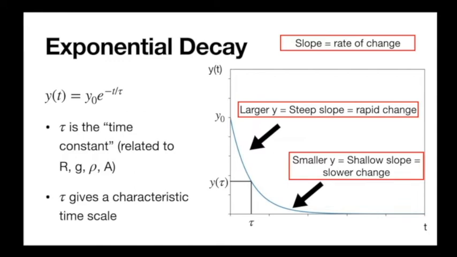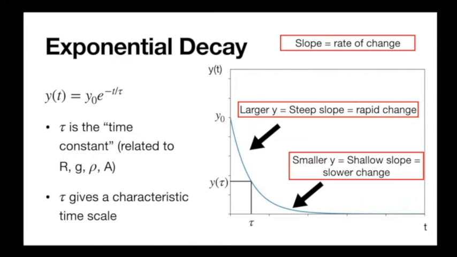When you hear rate of change and you look at a graph, what thing about that graph is the rate of change? It's the slope, right? At early times, close to our starting point, we have a very steep slope. A small amount of time causes a large change, a lot of decay. And then over time, that gets shallower and shallower.